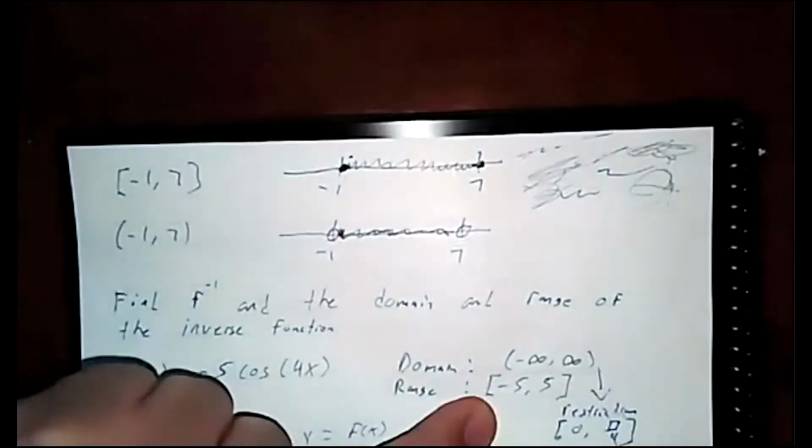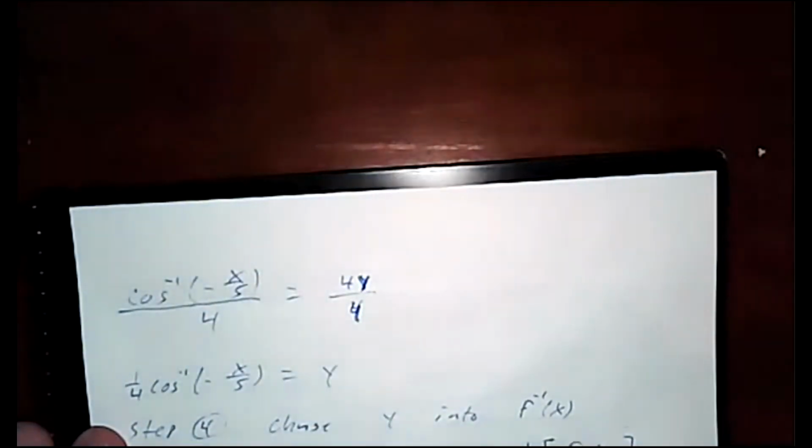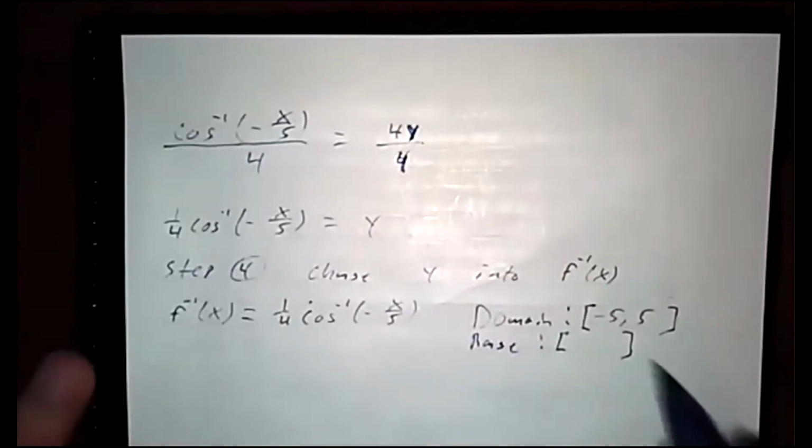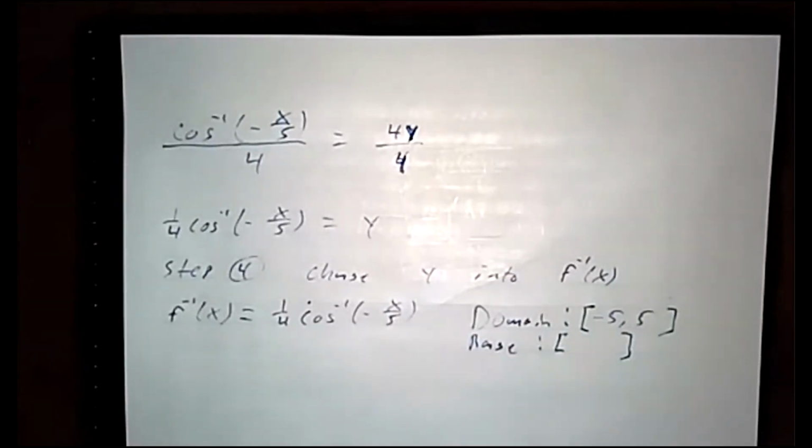So the range would be, sorry, hold on. The opposite, so -5 to 5 would be the domain here. And the range would be the opposite, so that is, what is that? 0 to pi over 4, right?